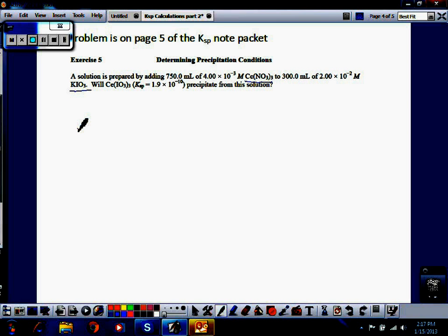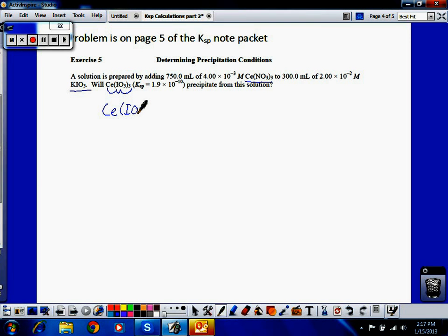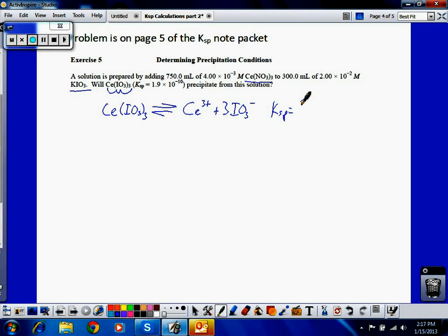So the first thing I want to do is, since I'm asking whether that will precipitate, that is the equation that I'm worried about. The Ksp for that is equal to the concentration of Ce3 plus times the concentration of IO3 minus cubed.